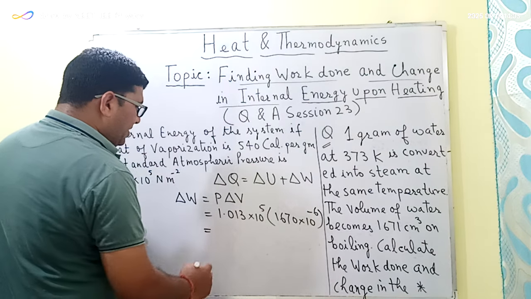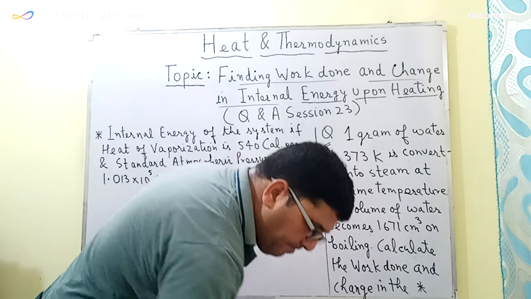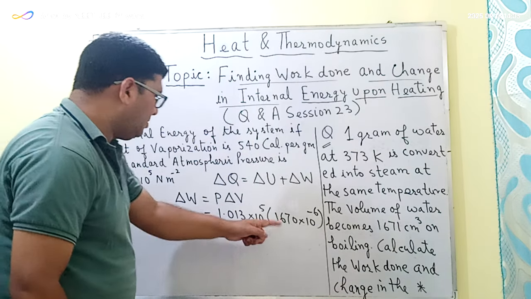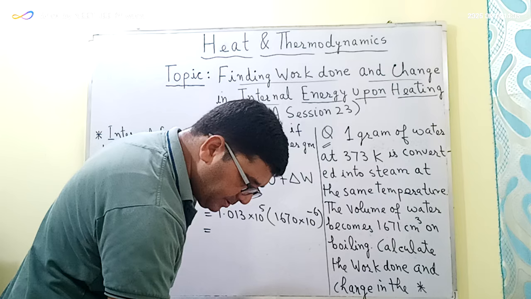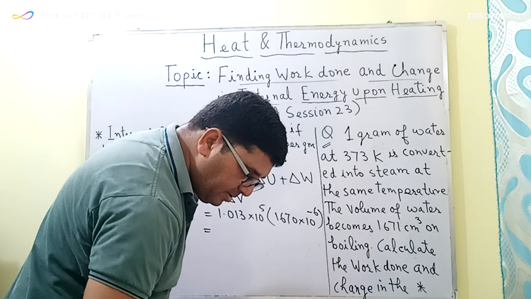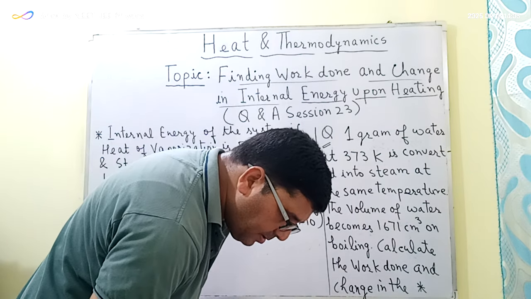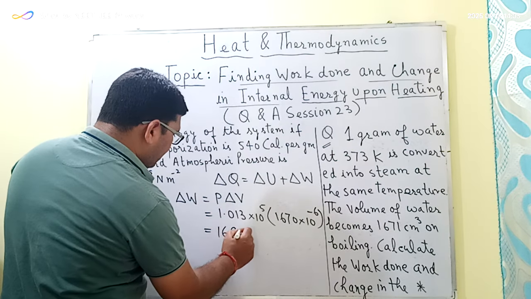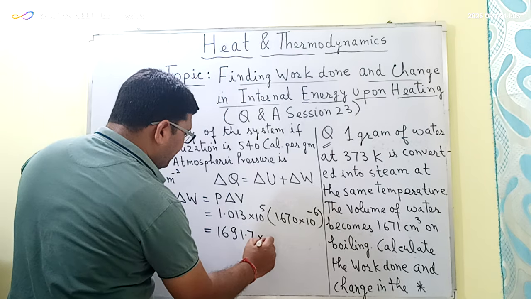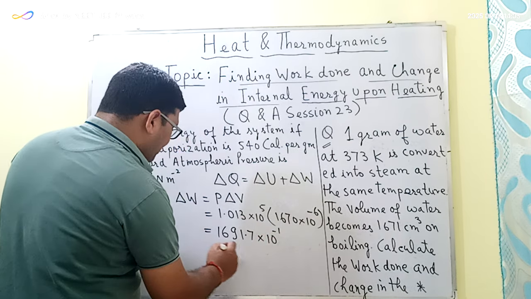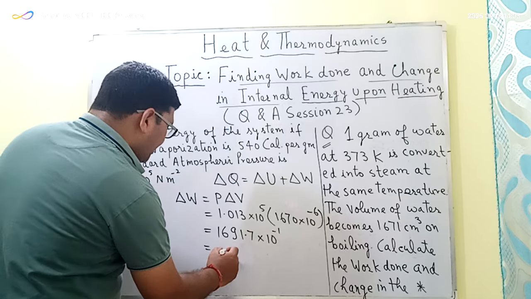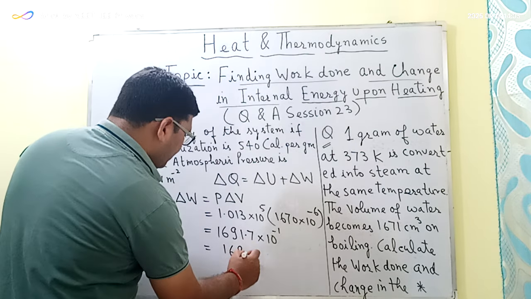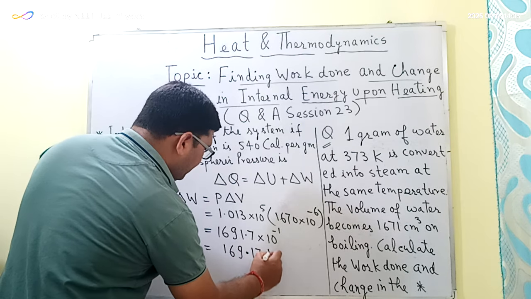So the work done will be equal to 1.013 into 1670, which is equal to 1691.7 into 10 to the power minus 1, or this is equal to 169.17 joule.